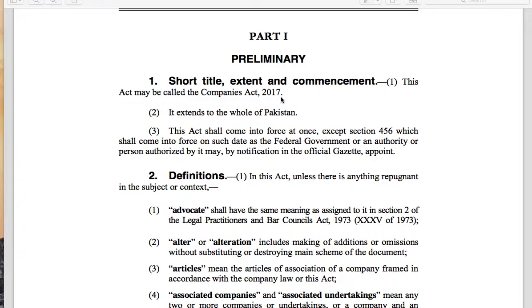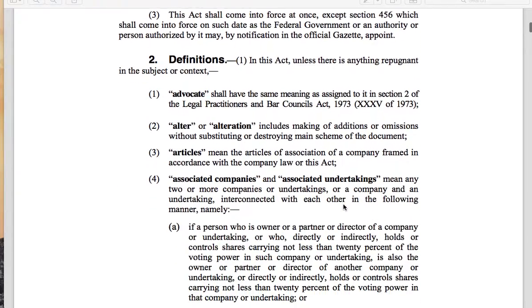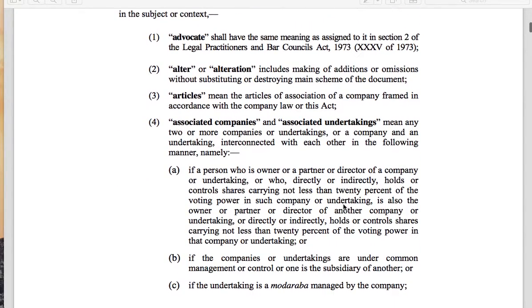But the regular company law gives a business a clear idea of what kind of rules and regulations they have to follow. First of all, they have to have bylaws which are called articles of association.